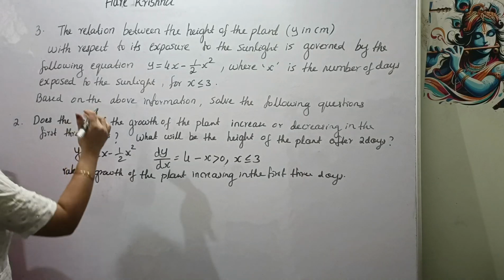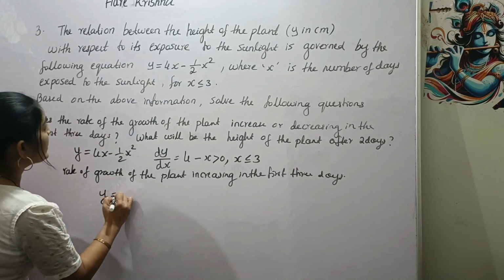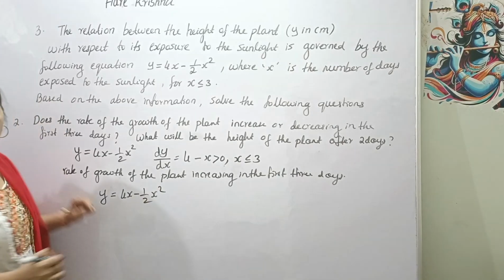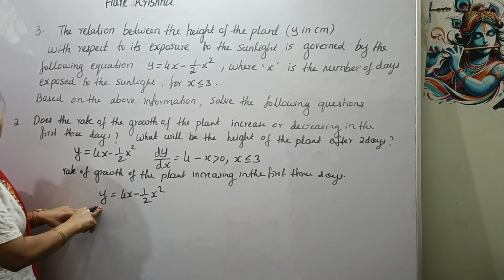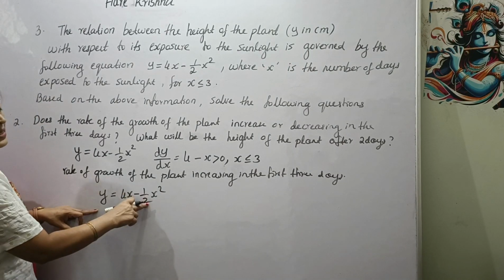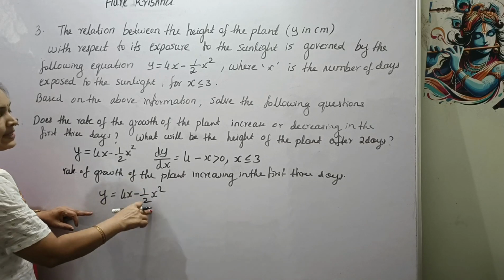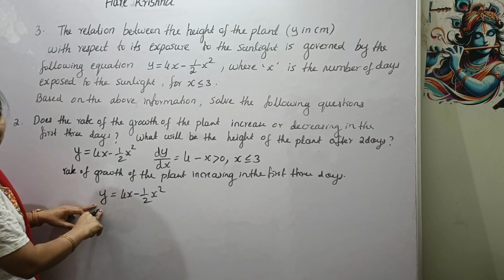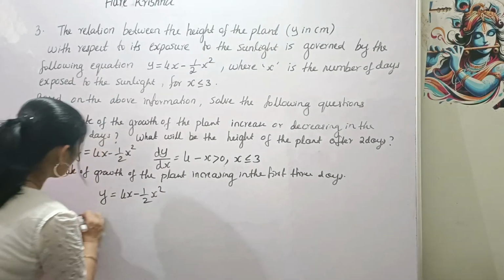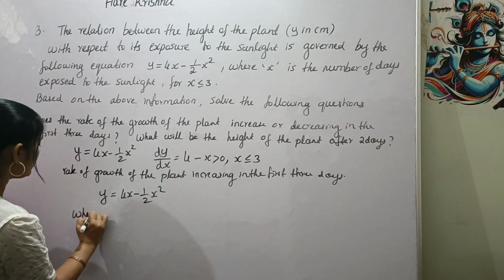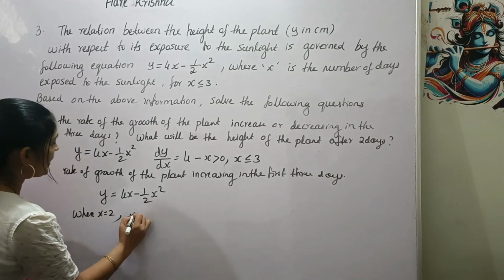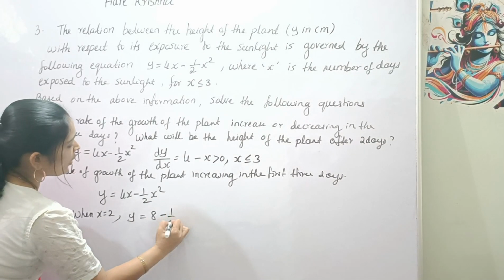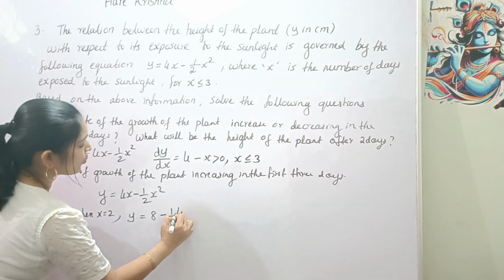Okay. So here the equation of the plant is y is equal to 4x minus 1 by 2 x square. Here y is the height of the plant, x is the number of days. So substitute x is equal to 2, we will get the height of the plant. When x is equal to 2, y is equal to 4 into 2, 8, minus 1 by 2 into 2 square, 4.